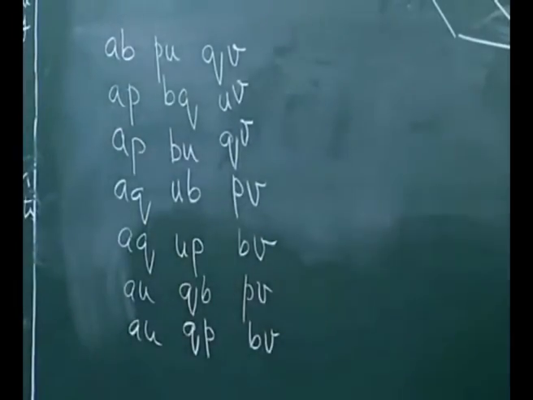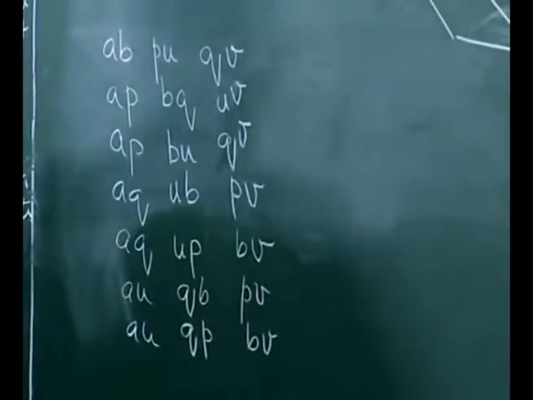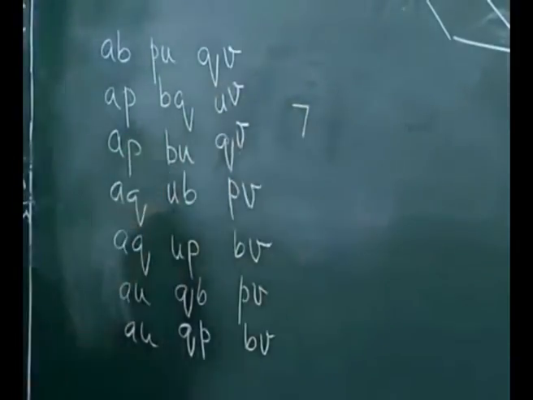So, for every AB, PQ, UV chosen, we can have 7 solutions.